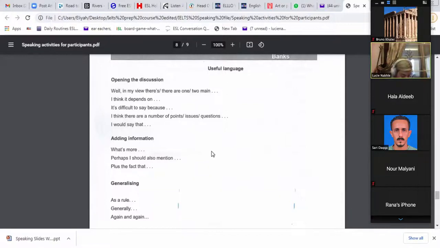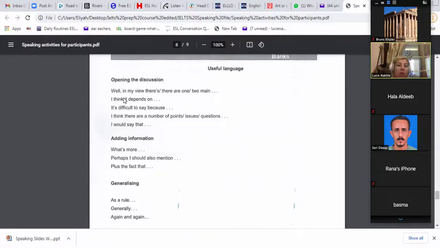What the examiner is looking for is your ability to give your opinion on such matters without talking about your personal experiences. You can probably give an example later on, but your opinion should be built on a general overview of the matter.